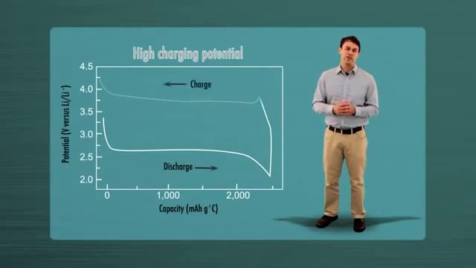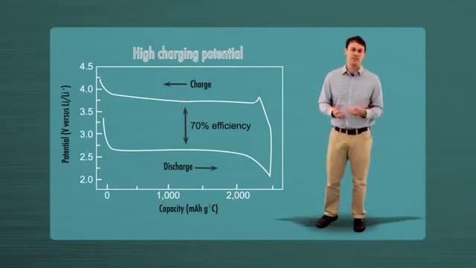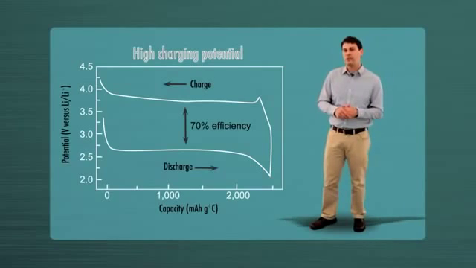And then when we go to recharge, you can see that we have to use a much greater potential, typically over 4 volts. So that hysteresis in the voltage capacity curve is basically telling us that we don't have a very efficient battery. For example, I'd have to put in maybe 100 units of energy when I recharge the battery, and I would get maybe 70 of those out during discharge. So about a 70% efficiency is typically one of the better lithium-air batteries at this point in time.